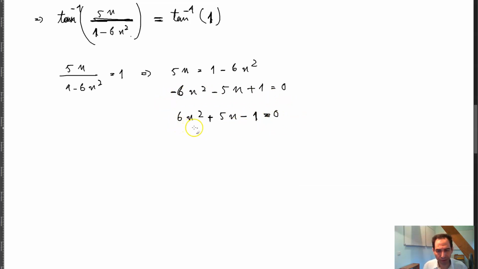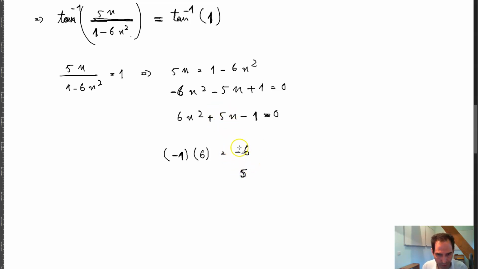In order to factorize this, what you need to do is multiply the negative 1 by 6, negative 1 times 6 is equal to negative 6, and then you have a 5 over here.